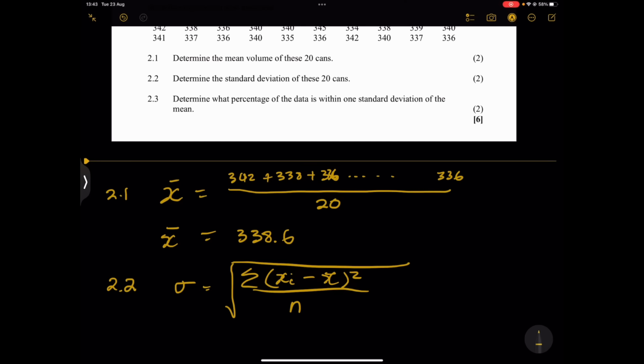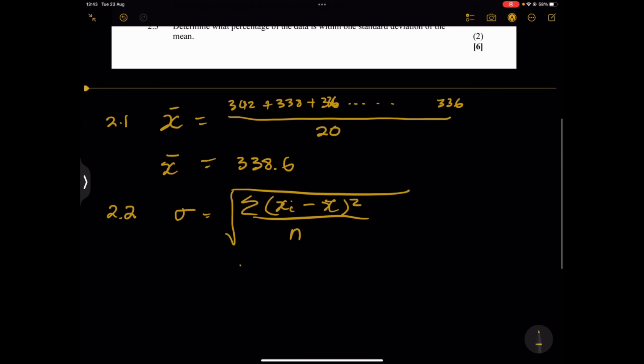Now this n would be 20. So after you found the mean, you do xi minus x bar. That's for those who don't have calculators, but I would strongly advise that you use the calculator for this. This is quite tedious.